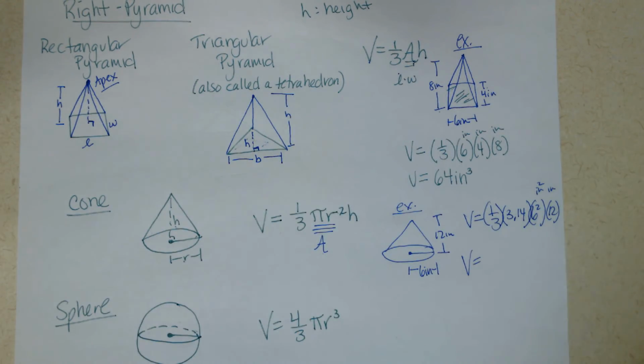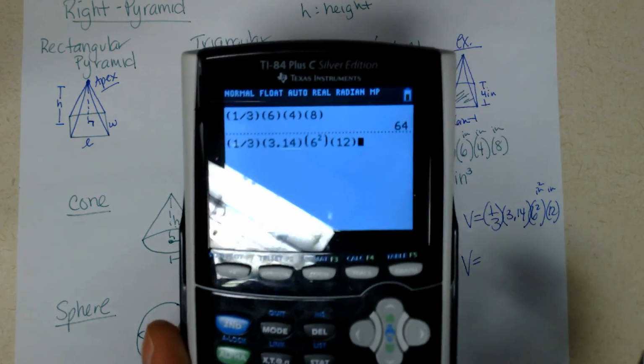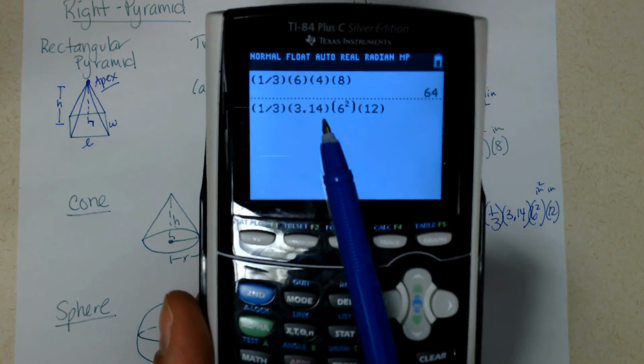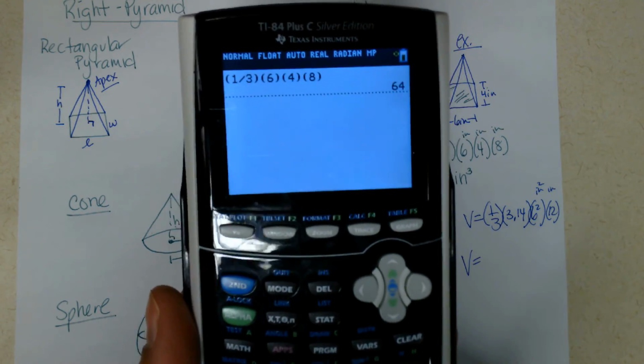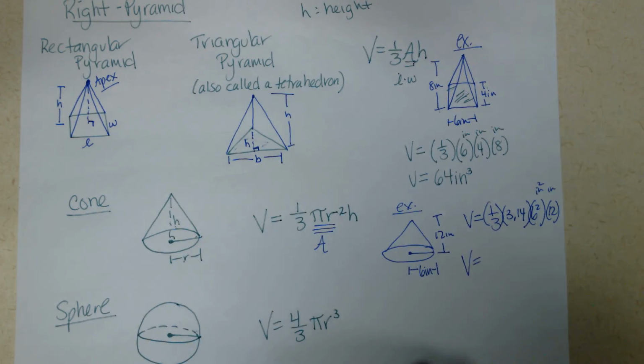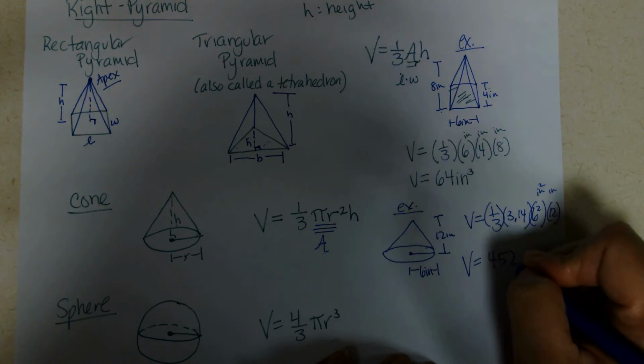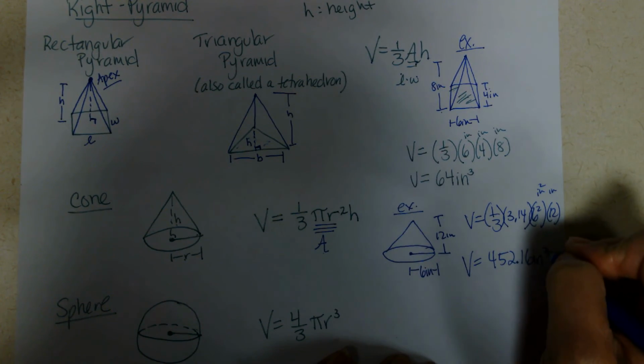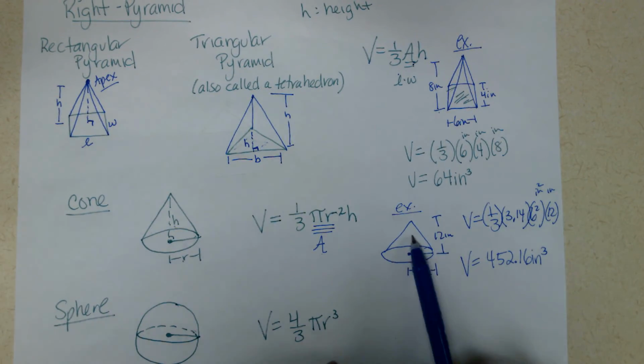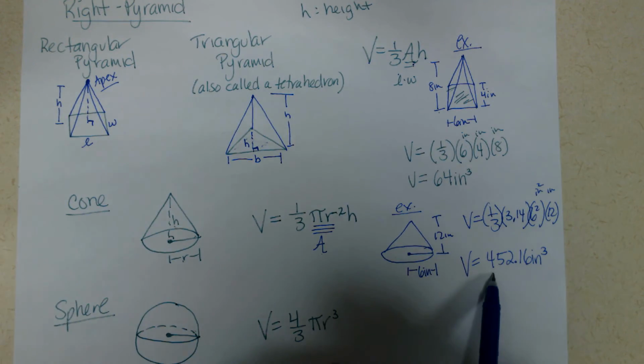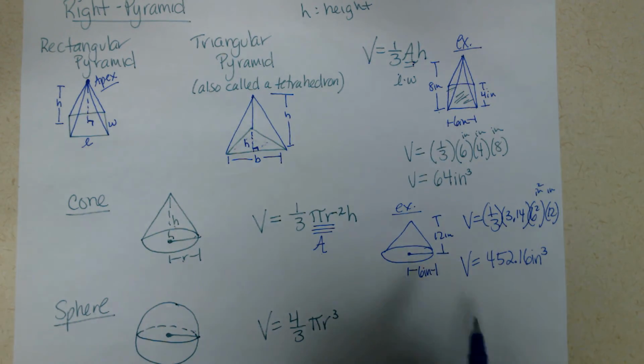Let's put everything just as we see it in our calculator so that we do not make any calculation errors. So here I go, 1/3, 3.14, 6 squared, and 12. Let's see what we get. 452.16 inches cubed. So if we were to fill this whole cone up, that's a lot of inches. It would take 452.16 inches cubed if we were to put something in there.